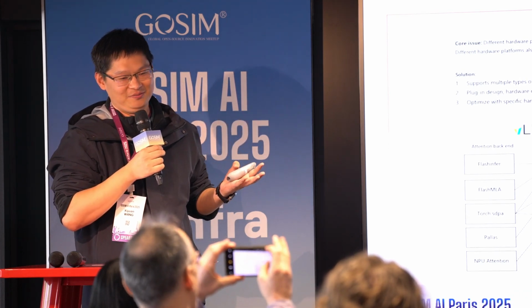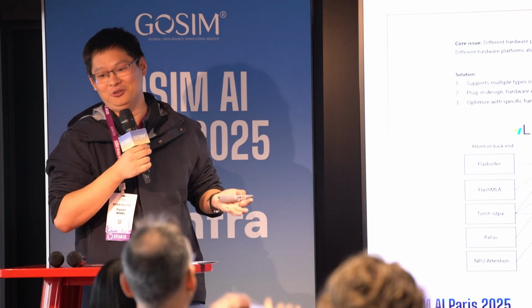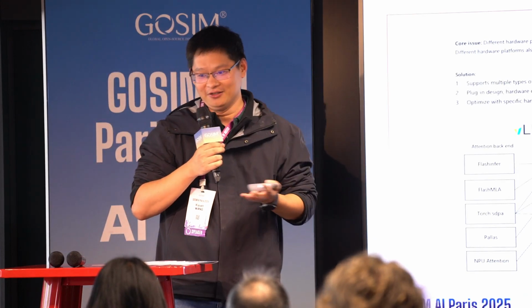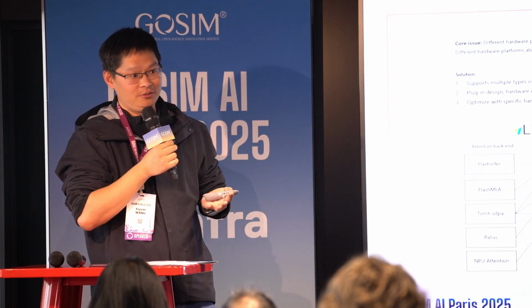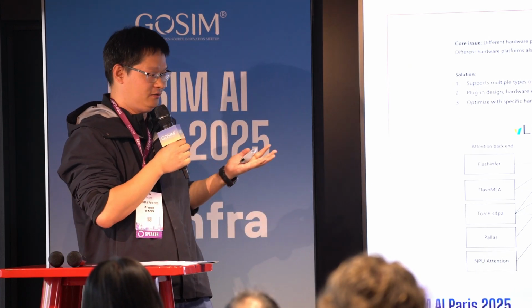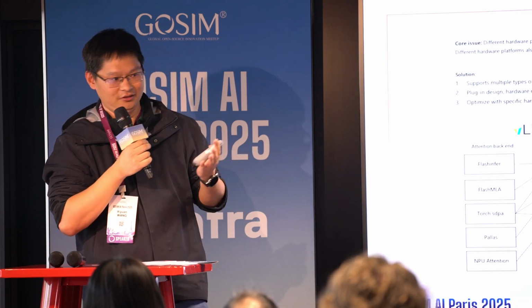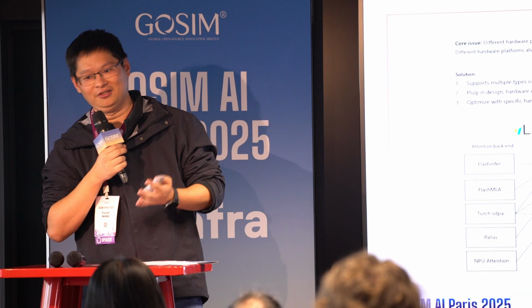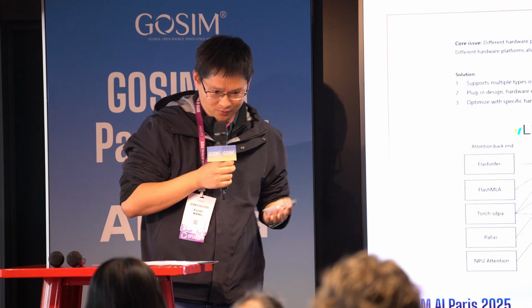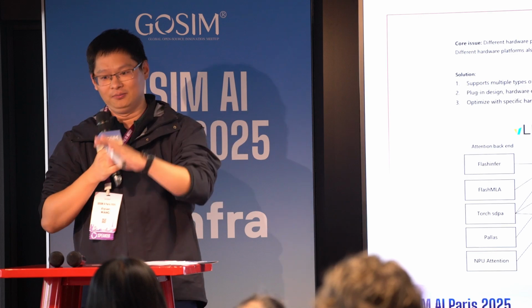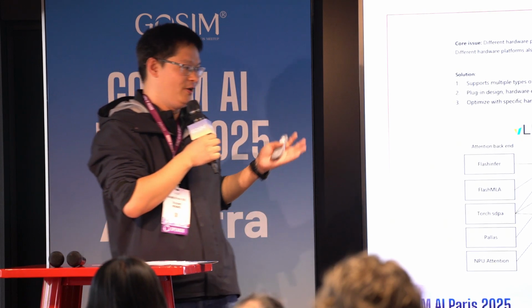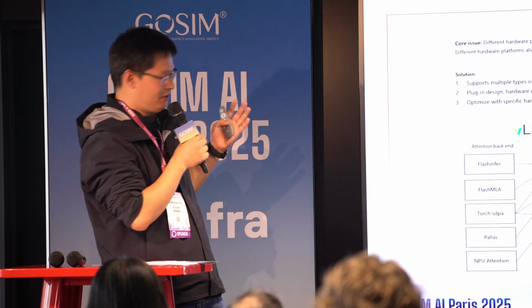The most famous is GPU, but there are also some others, for example, Google's TPU, Intel's HPU, and Ascend's NPU. And different customers need to run different scenarios. So users usually want one framework or one library to run all of them together. So we are working on these features.